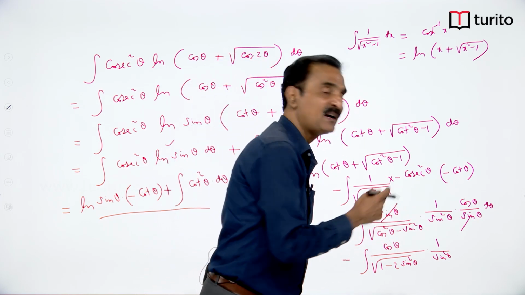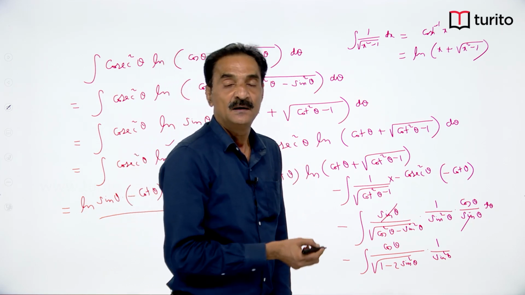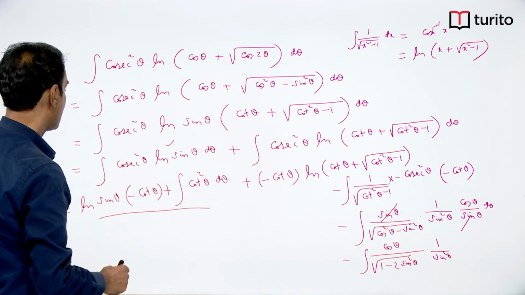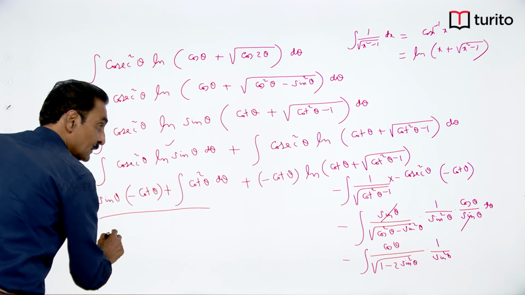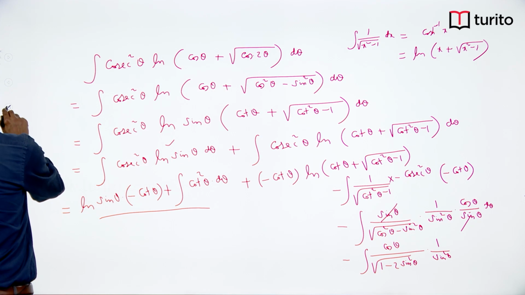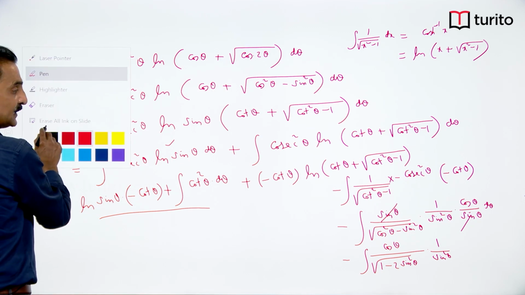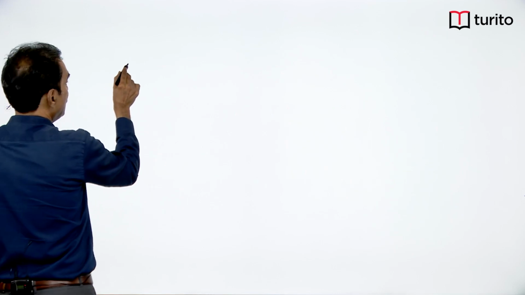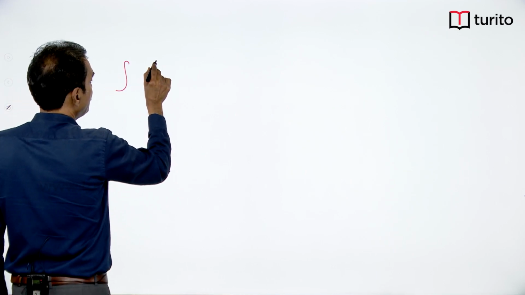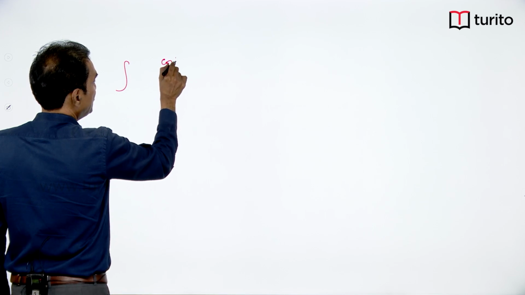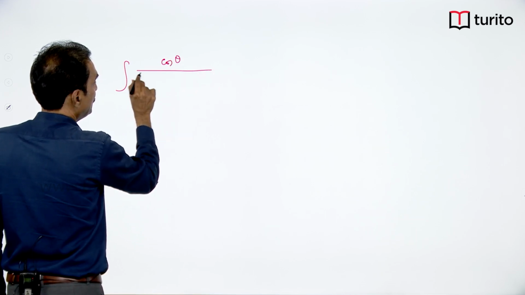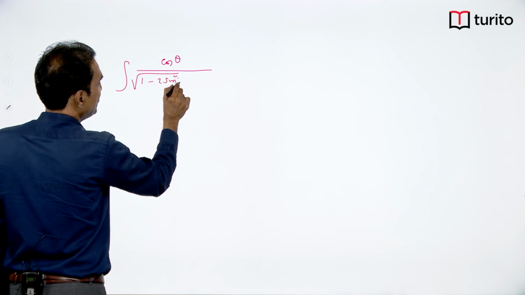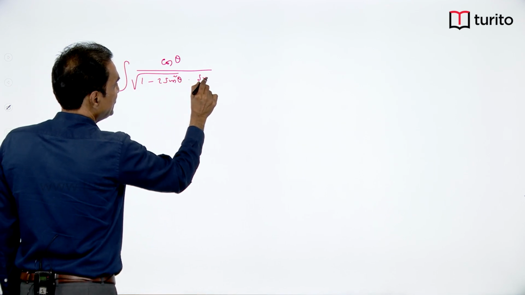Now put sin theta is equal to t. If you put sin theta is equal to t, I will calculate only that part. I will rub off everything except that part. Integral cos theta by root over 1 minus 2 sin square theta into sin square theta.